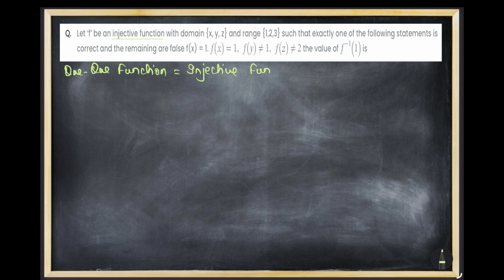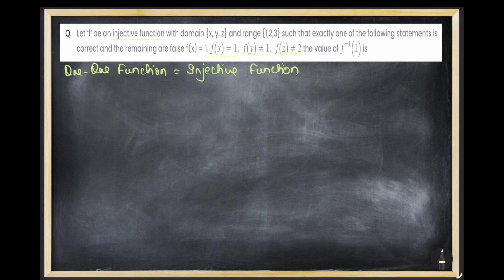This you have to keep in your mind. Now look at this: with domain x, y, z and range 1, 2, 3, such that exactly one of the following statements is correct and the remaining are false. Great. So one is true, the remaining are false, and we have three situations, this, this, and this.